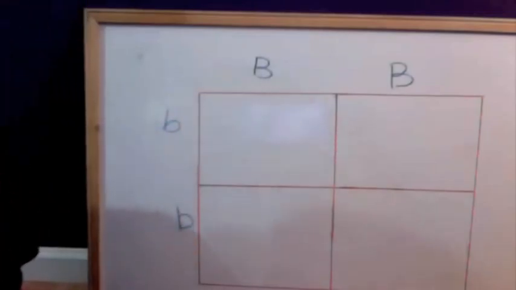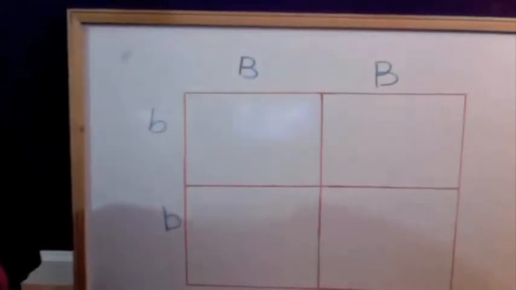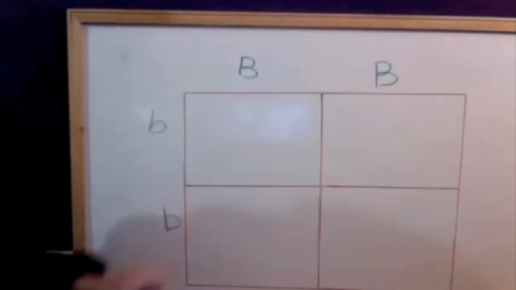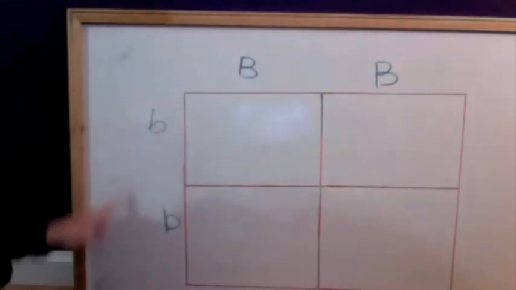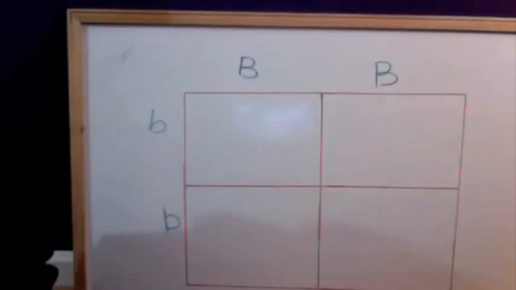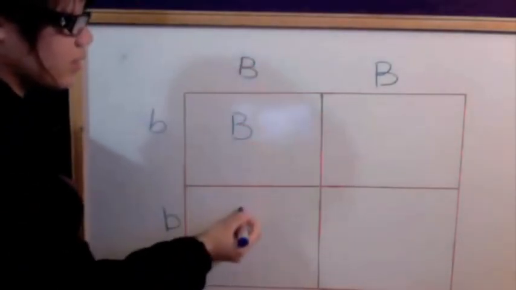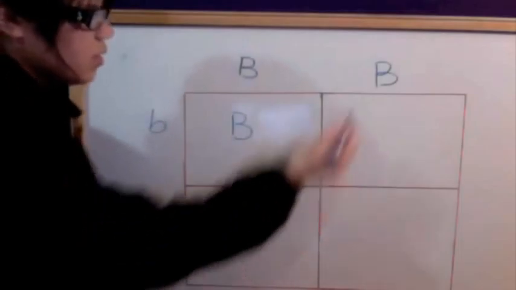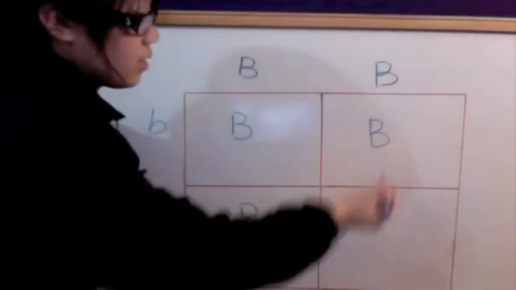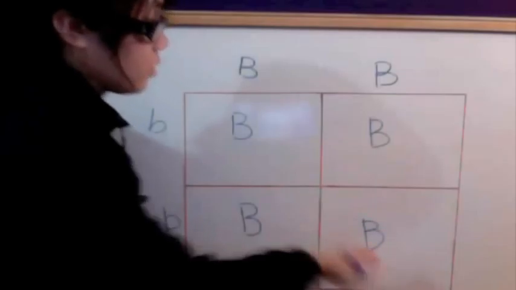To determine the offspring's genotype, you would write one parent's genotype on the top and another parent's genotype on the left-hand side. Then you just bring the letters down and across. The letters on top should be written into the 2 boxes below them. The letters on the left should be written on the 2 squares to the right.